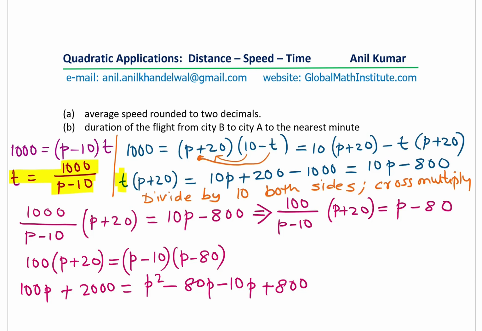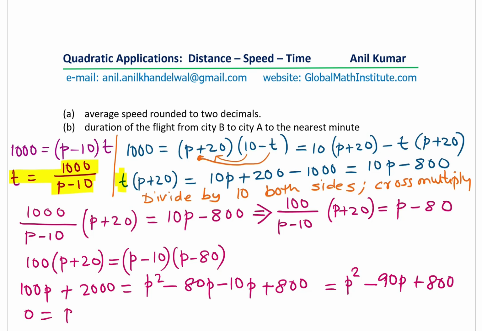So we can now simplify our terms. The right hand side could be written as p square minus 90p plus 800. And now we'll rearrange, and write down 0 equals, taking these terms which are on the left side to the right side.